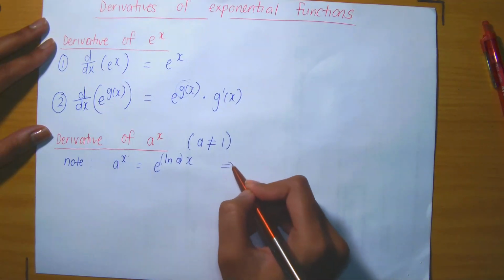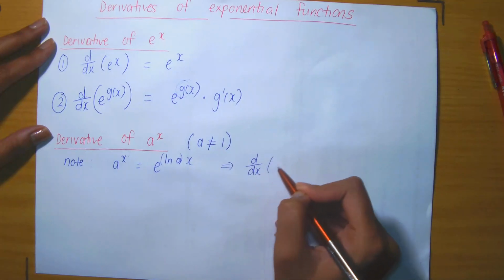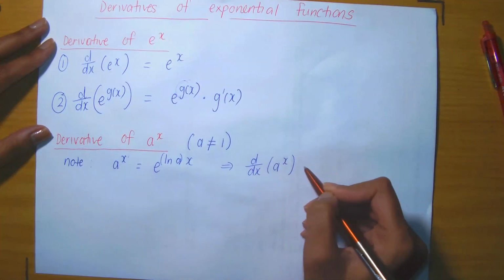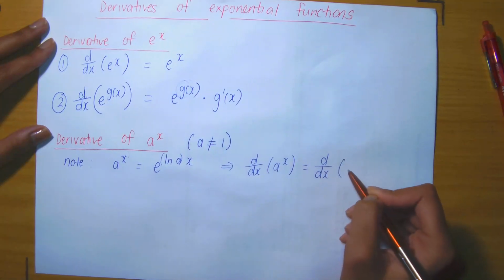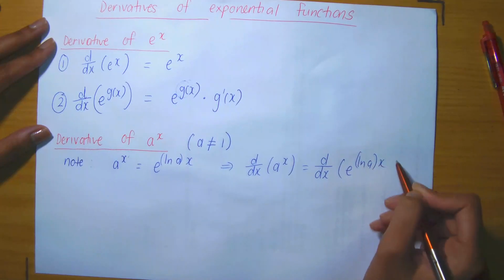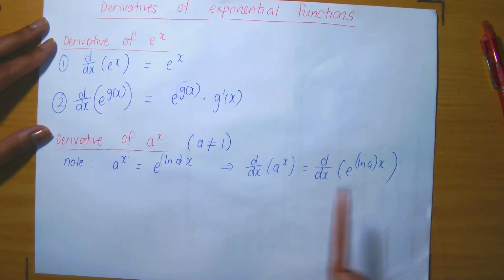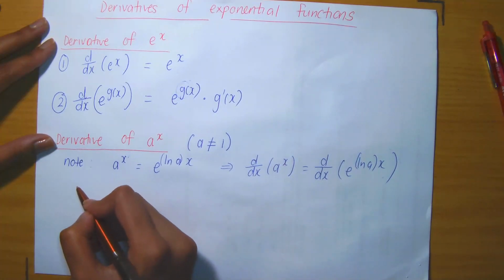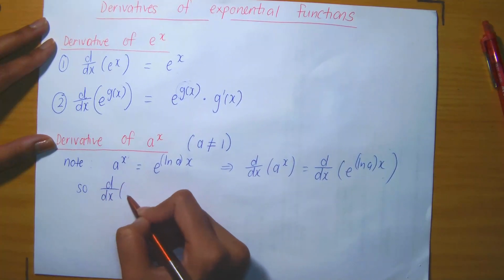So this then means that the derivative with respect to x of a to the power x is equal to the derivative with respect to x of e raised to the power ln of a times x. And so we will now compute the derivative of this function in order to obtain the derivative of base a raised to the power x.